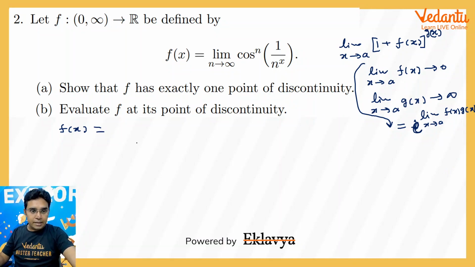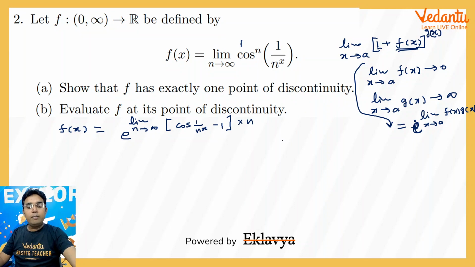Now using this, f(x) can be written as e raised to the power limit n approaches infinity. Now dear all, this cos of 1 upon n power x itself is close to 1. So to write this in the form 1 plus f(x), where f(x) approaches 0, I need to write this as cos of 1 upon n power x minus 1, multiplied by n.